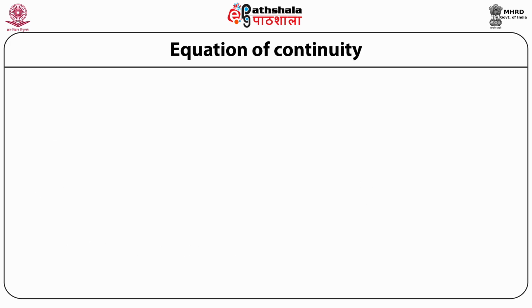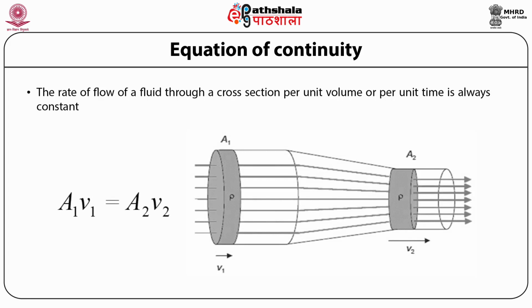Another important concept in fluid dynamics is the equation of continuity. It says that the rate of flow of a fluid through a cross section per unit time is always constant. For example, in this picture you have a container through which the fluid is flowing. At one end the cross sectional area is A1, and at the other end, which is narrower than the previous one, the cross sectional area is A2.